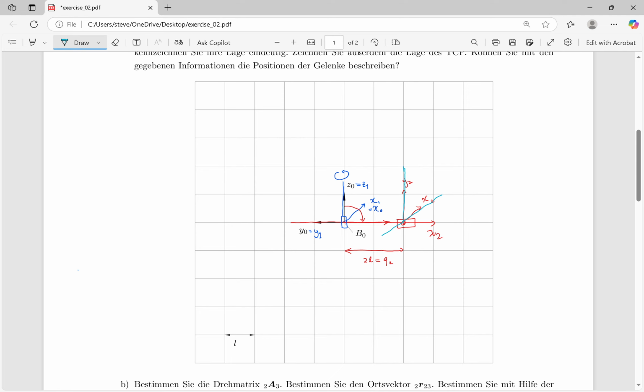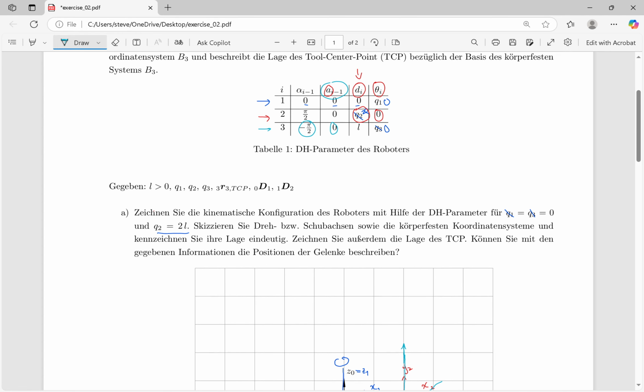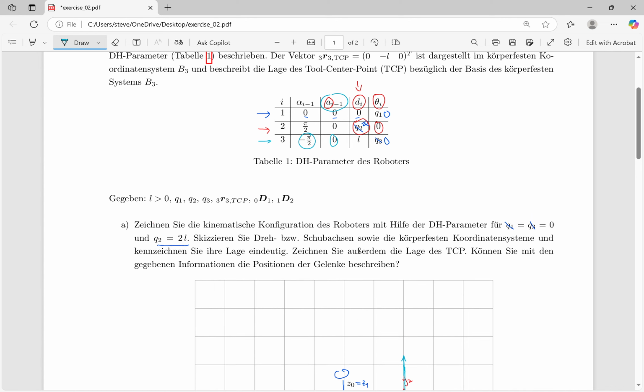And we know that it points up, but we don't know where the coordinate origin is yet. And for that, we have to look at D3, right?